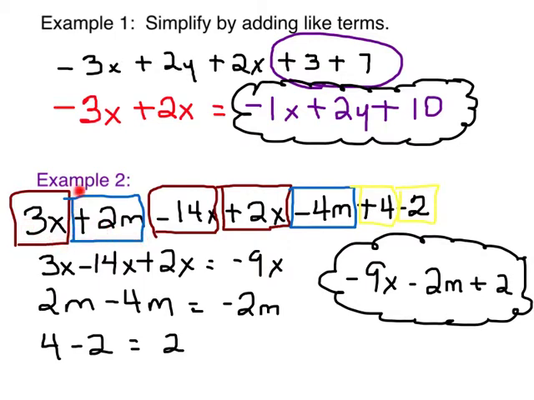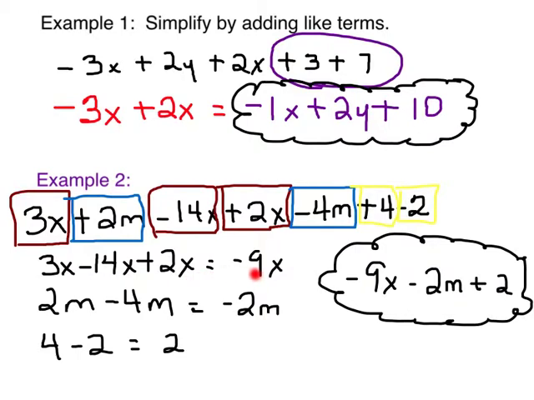So the x terms I have in this dark red burgundy shade box, and the m terms I have in a blue box, and then the numbers by themselves with no variable I have in a yellow box.